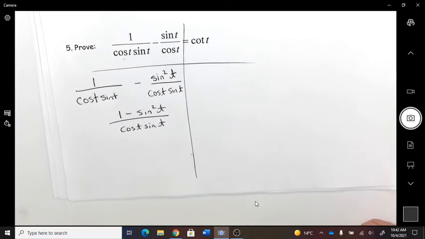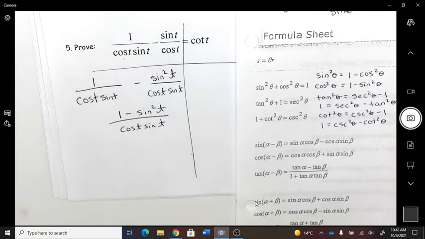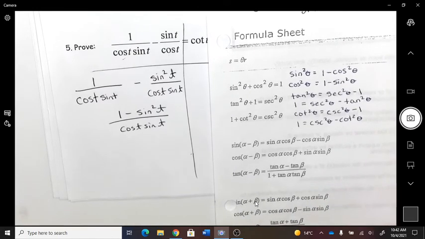Okay, I actually recognize now a formula sheet substitution, and it's in the top section of your formula sheet. Do you see any replacements with formulas in your formula sheet? My hint is in that top section. 1 subtract sine squared.